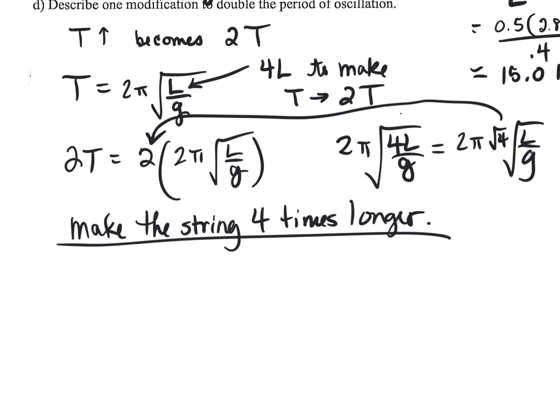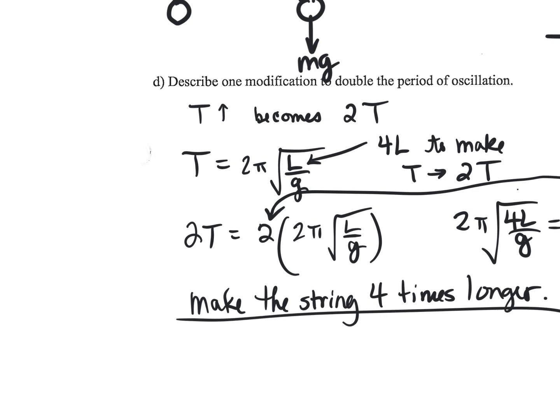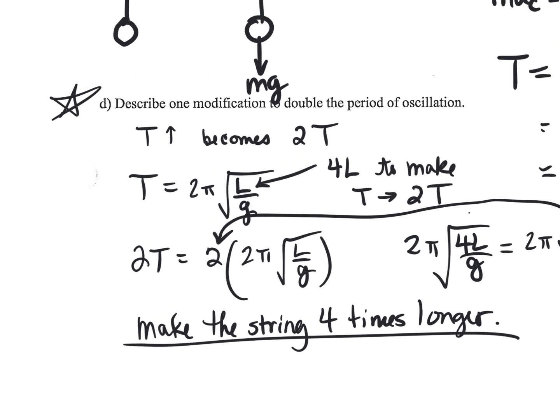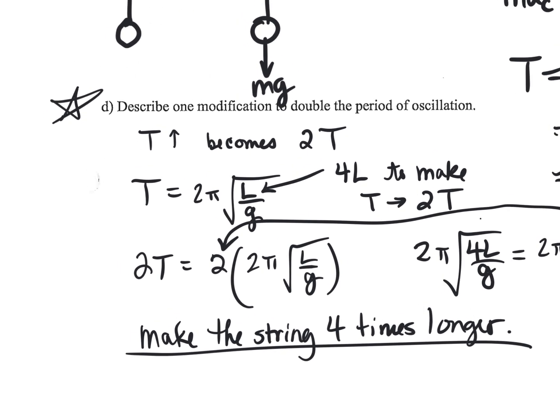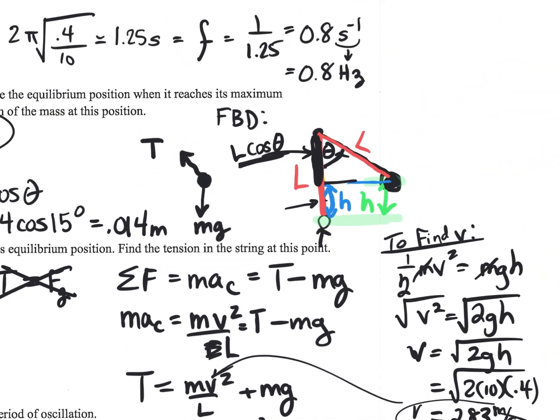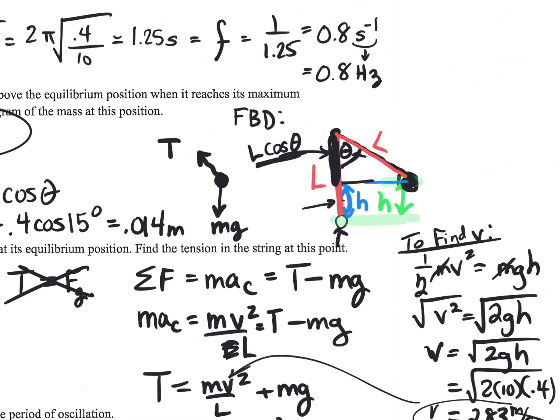Anybody have any questions about pendulums? Okay, so the big things you need to know is you need to know that relationship. This question right here is important. You see this a lot. You need to know that this little chunk right here is L cosine theta, and to find the height difference where the pendulum bob is above the bottom, that height difference is L minus L cosine theta.